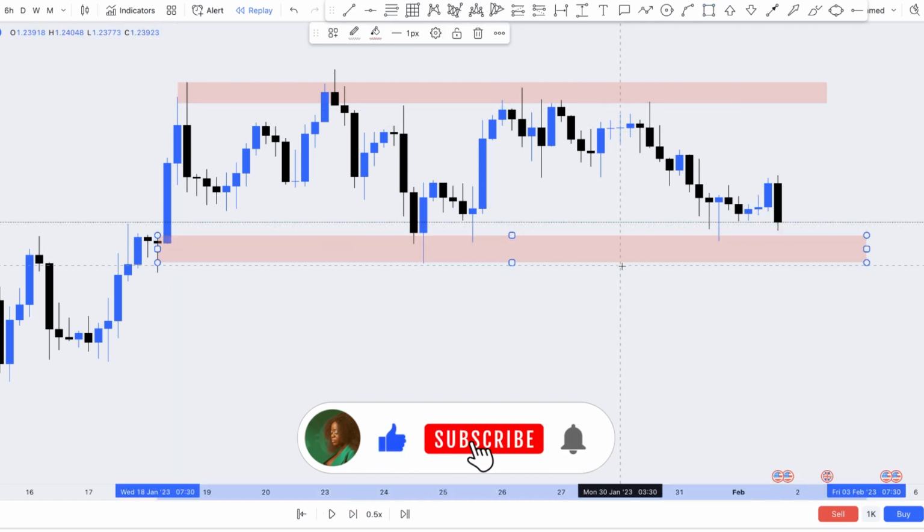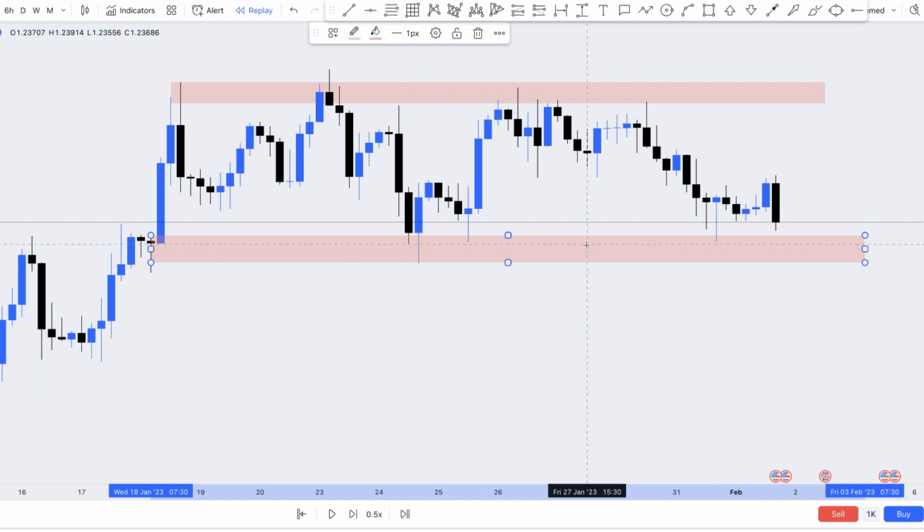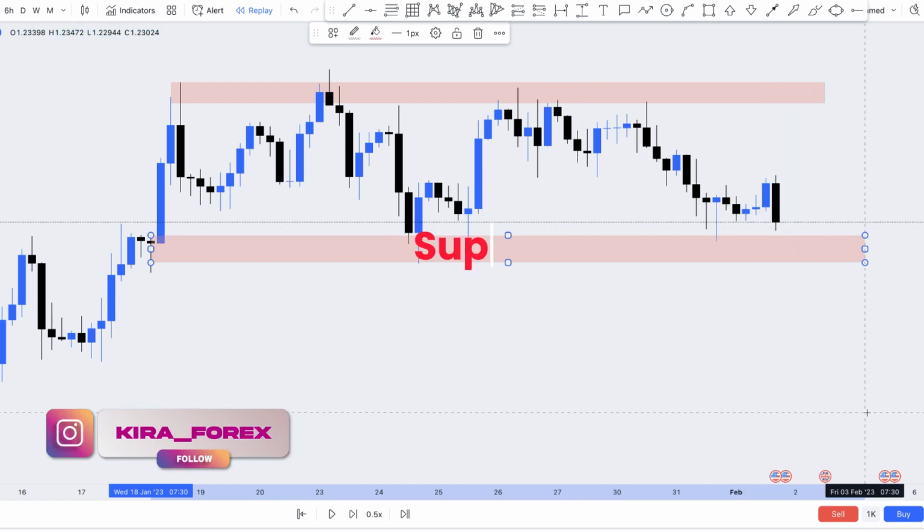So when we say resistance and support, what does that actually mean? Support level is where price regularly stops falling and bounces back up. It means that the support level prevents price from further moving to the downside and regularly bounces up.